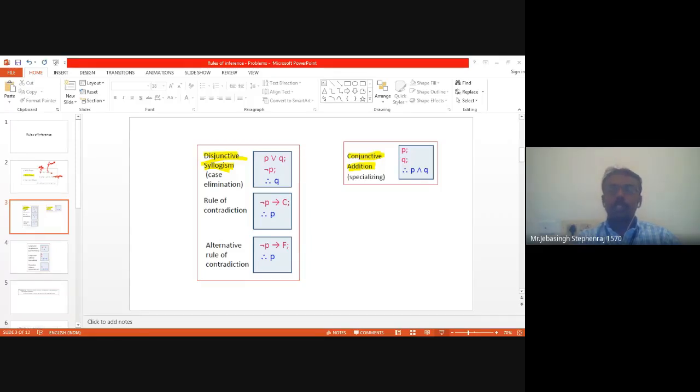Then conjunctive addition. Suppose we have two propositions P and Q. These two propositions can be combined as P and Q, and you obtain a new proposition. Two atomic propositions can be combined to form a new proposition. That is called conjunctive addition. Then I want to introduce two more simple formulas.